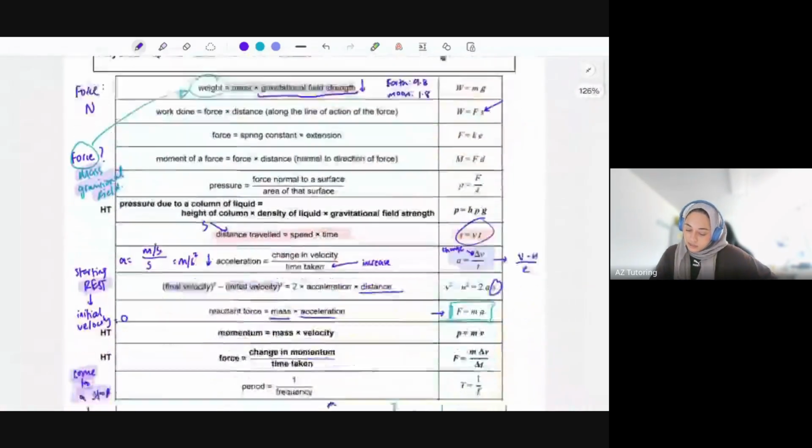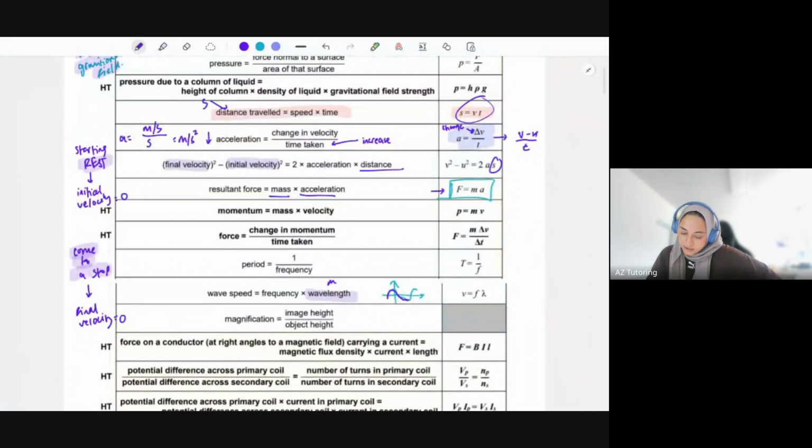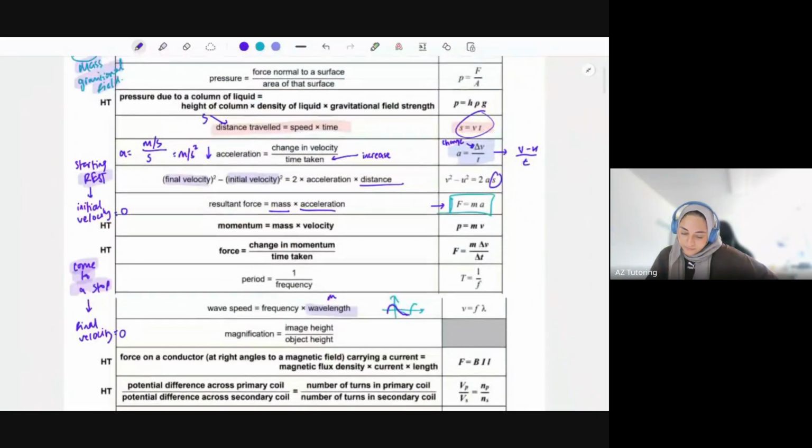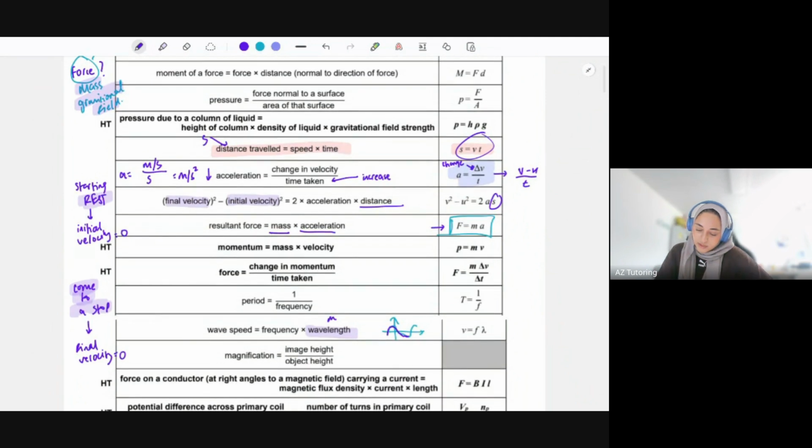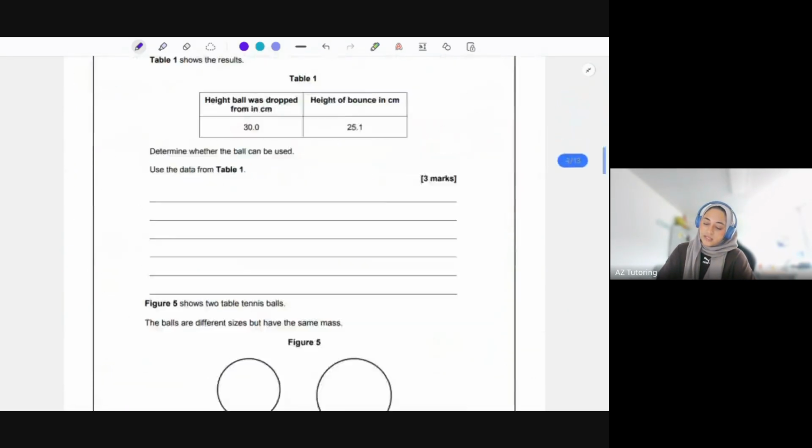And if you forget that, do they give you it anywhere here? Yeah, over here. V minus u, in case you forget, it's the final velocity minus the initial velocity. So just keep that in mind. To work out the change in velocity is v minus u. So yeah, velocity divided by time is acceleration.